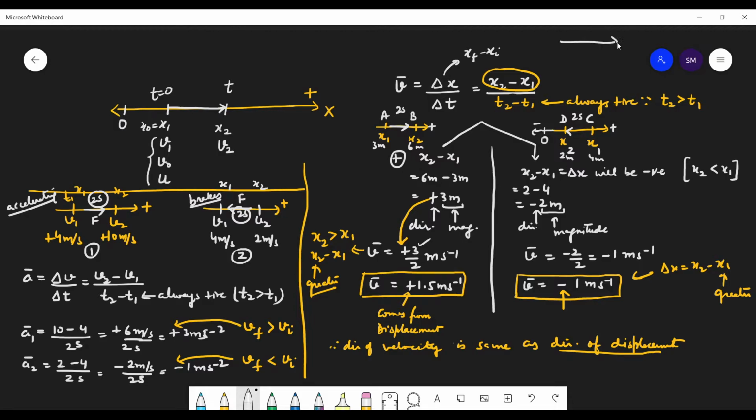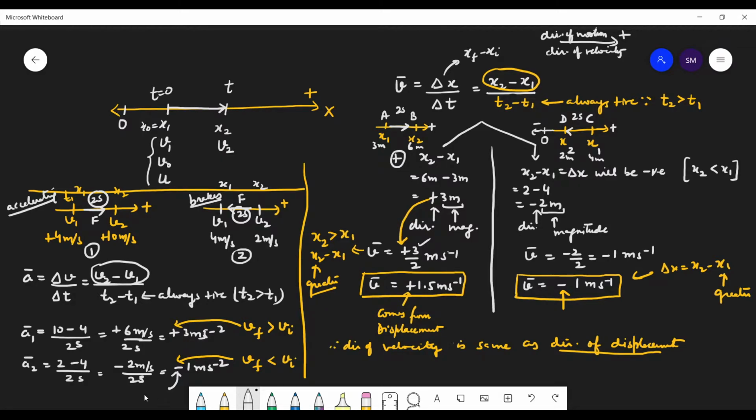So direction of motion means direction of velocity, simply in which direction you are moving. If you are moving in the positive direction, the direction of velocity is positive. If you are moving in the negative direction, the direction of velocity will be negative. But in case of acceleration, as it depends on final velocity minus initial velocity, what is the interpretation of this sign?